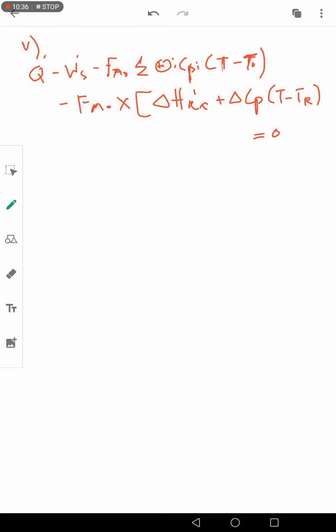Tapi bila you nak masukkan information dalam semua ni, sebab tadi you dah kira semua parameters yang diperlukan untuk guna equation untuk nombor 5 ni. So sebab dia kata adiabatic, maksudnya Q equals to kosong, work is also equals to kosong.